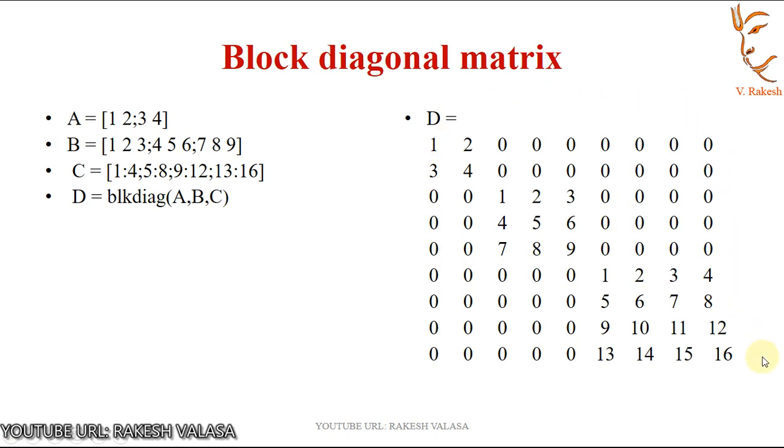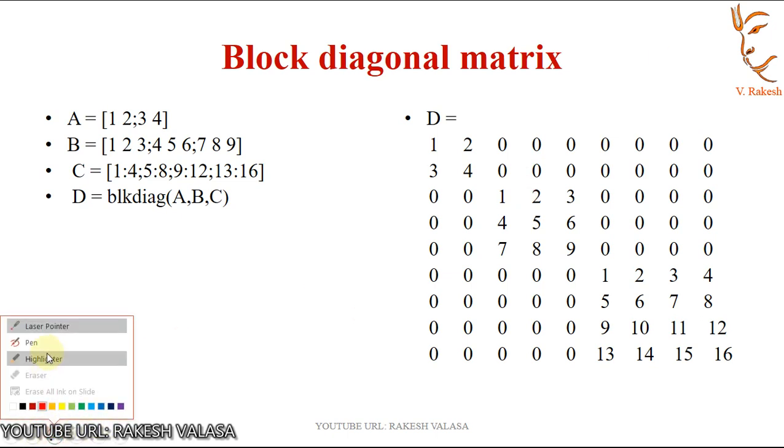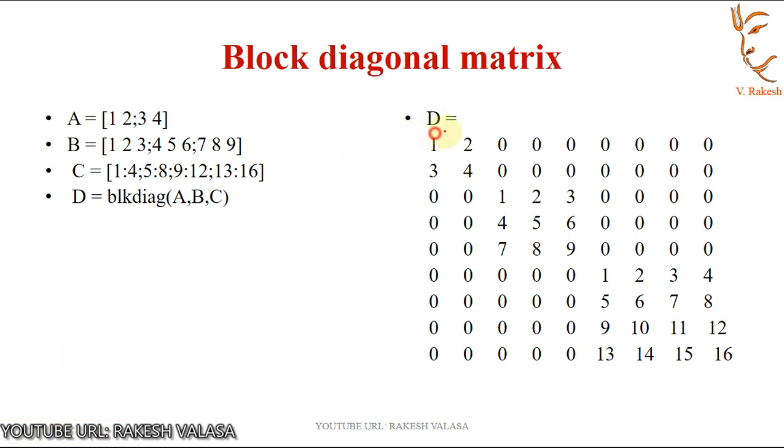It displays this answer. This is the A matrix, that is 1 2 3 4. This is the A matrix.